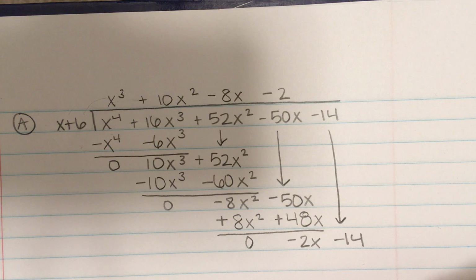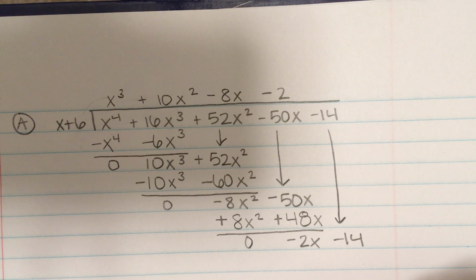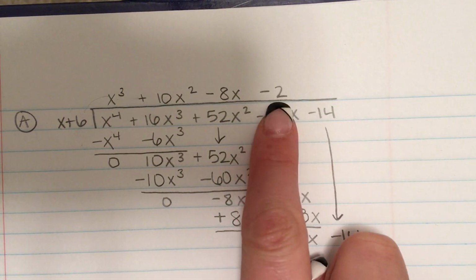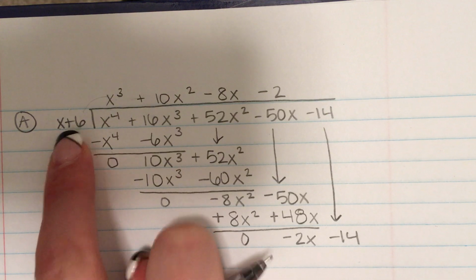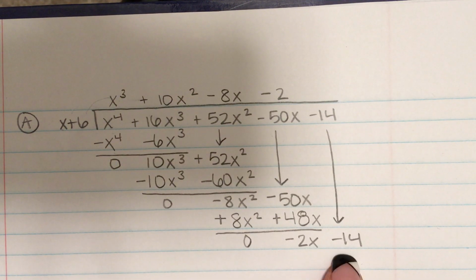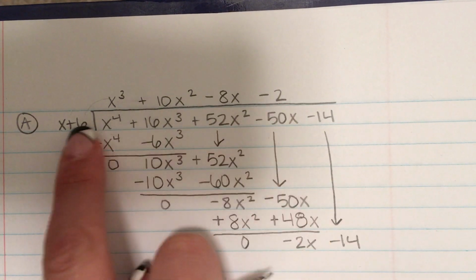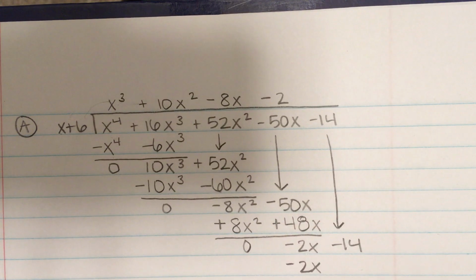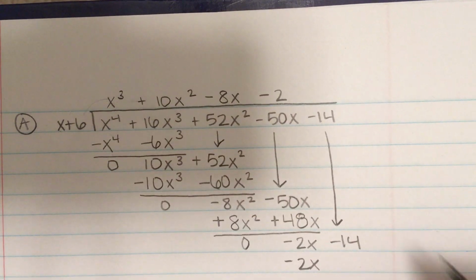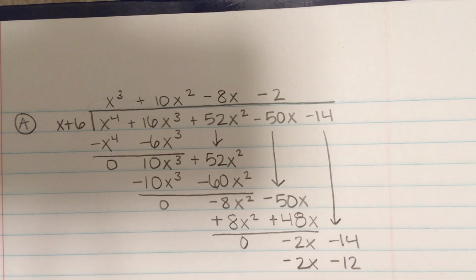Go ahead and try it. So the next step is to take negative 2 and multiply it by these two terms and write it underneath here. So negative 2 times x is negative 2x. Negative 2 times 6 is negative 12.